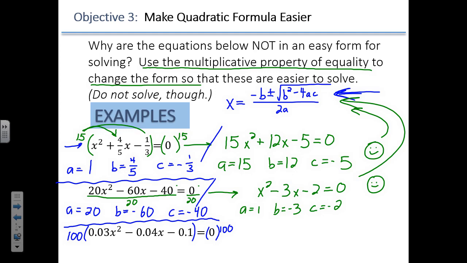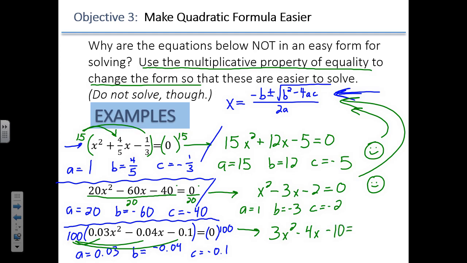So instead of having a equal to 0.03 and a b value of negative 0.04 and a c value of negative 0.1, which we could do, but that's messy, if we multiply the left side by 100, we would have 3x squared minus 4x minus 10.